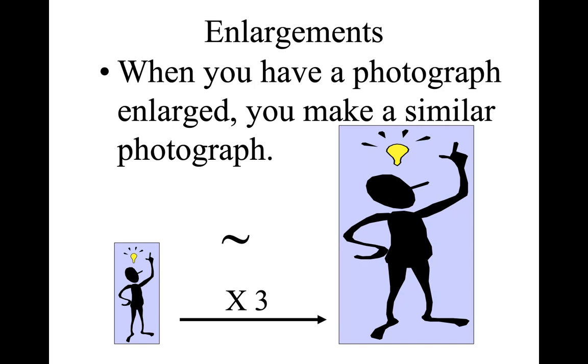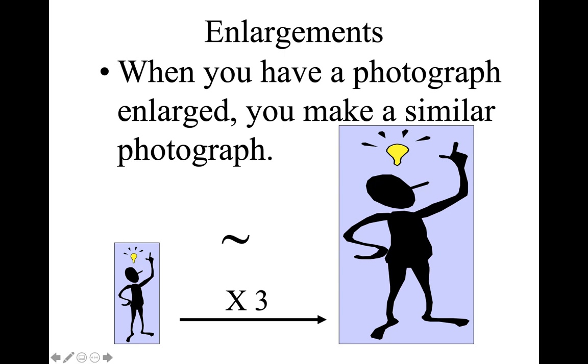Enlargements. When you have a photo enlarged, you make a similar photograph. So in this case, if we multiplied the dimensions of the smaller photo by 3, we got a larger photo. Okay, notice how the rectangle kept its shape. Okay, it did not change, it did not stretch out.